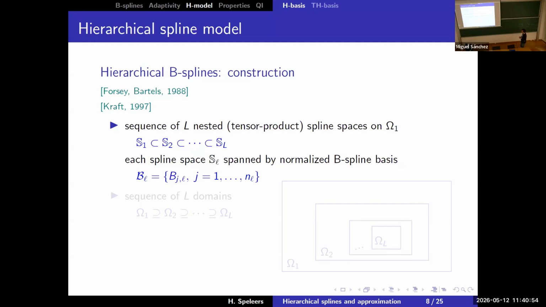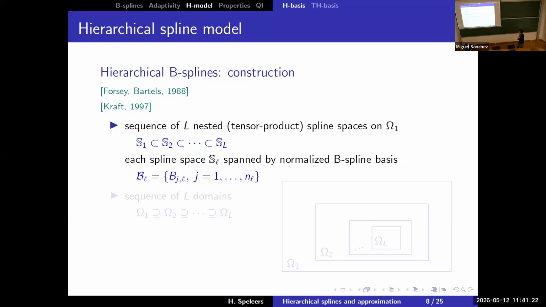So let us say we take L nested spaces from coarse to fine. And since we take them as tensor product spline spaces, we know for each of these spaces a tensor product B-spline basis. So say we denote it by B_L. And for simplicity, I will just go for a single index, because anyway, you can always enumerate all the basis functions in a linear way.